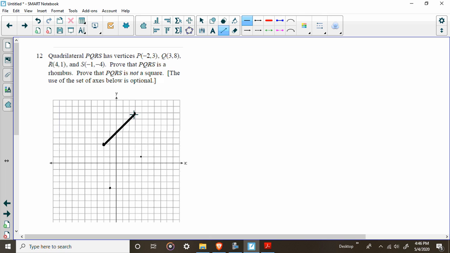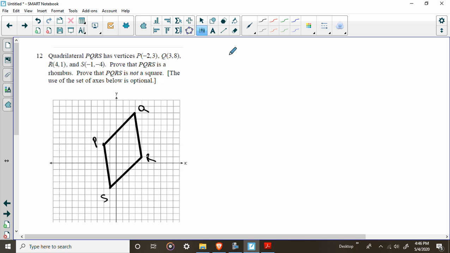Okay, connect the dots. All right, let's give it a quick little name here. We'll say this is going to be P, Q, R, S. All right, so prove that it's a rhombus.